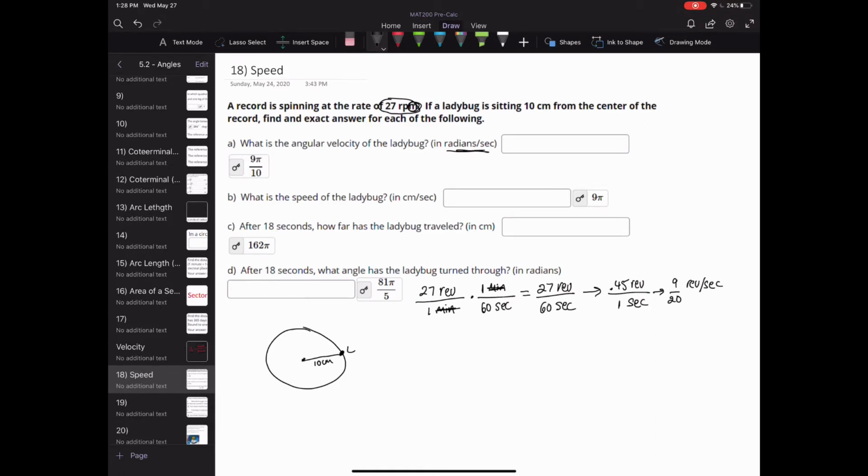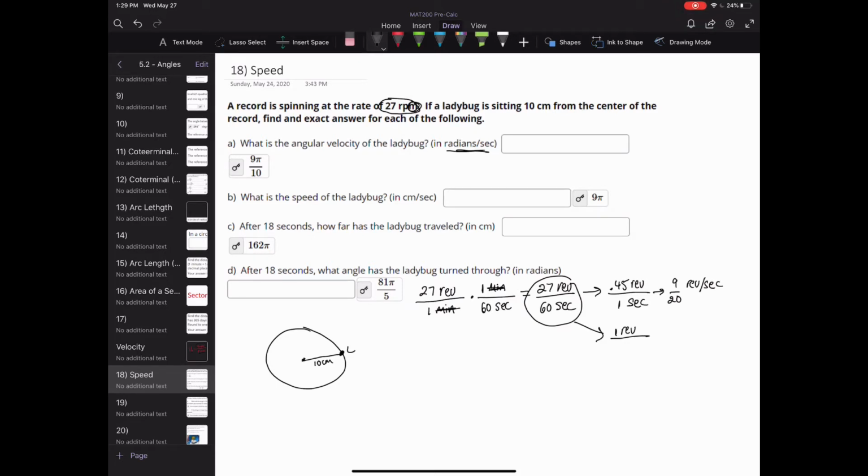What we need to know though, since we want to know the speed or the velocity, is not how many revolutions per 1 second, but how many seconds in 1 revolution. So I'm just going to go back here. I'm looking at this, and instead of 1 second, I want 1 revolution.